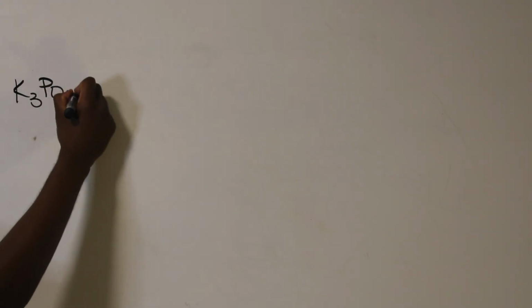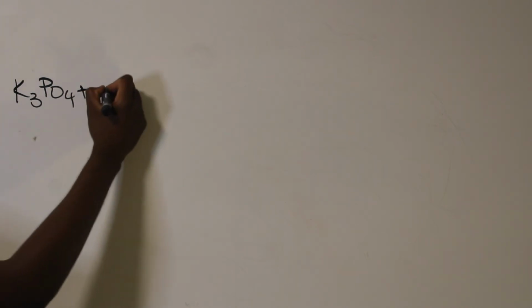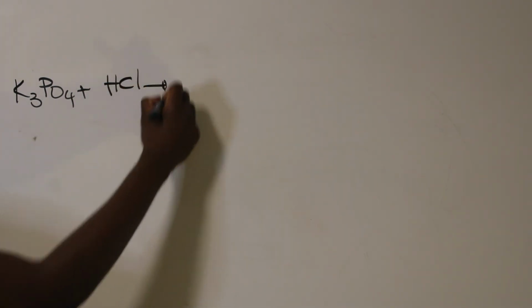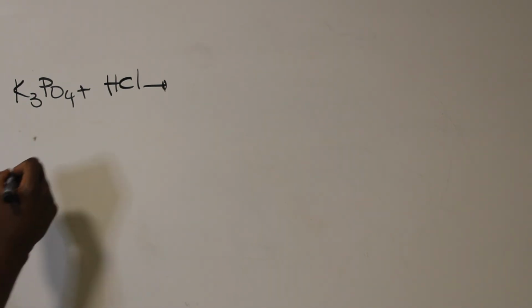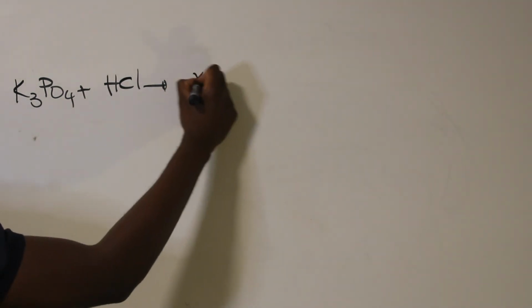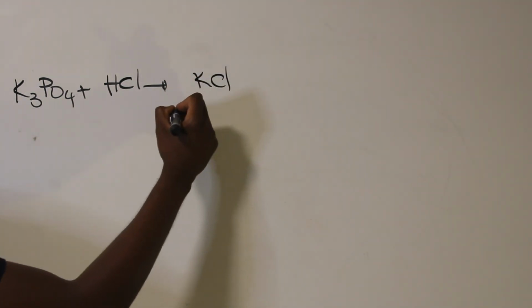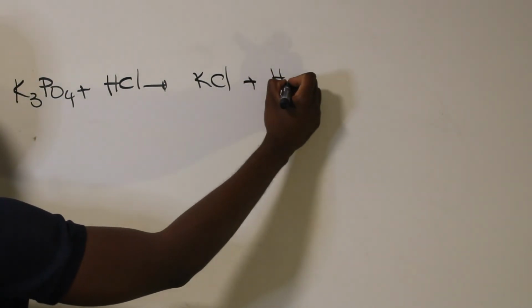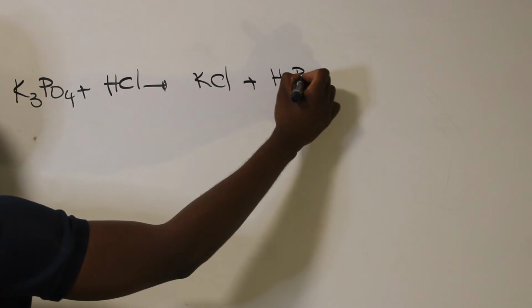So let's do one more example. This equation right here. Let's do potassium phosphate plus HCl, chloric acid, and this is gonna be potassium chloride and phosphoric acid.